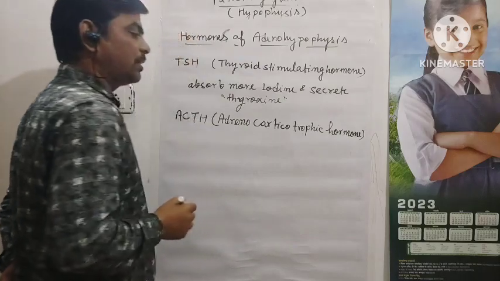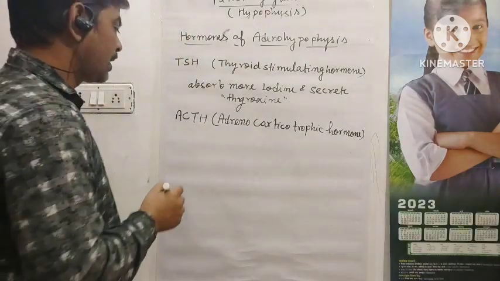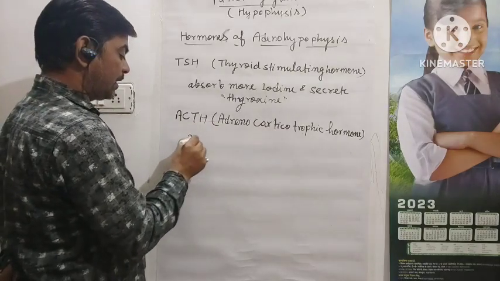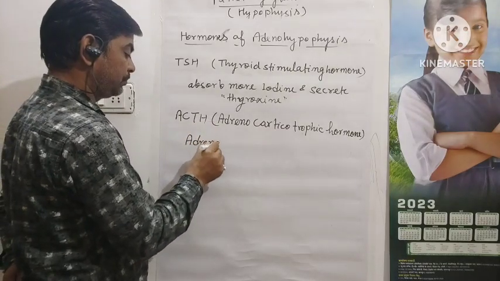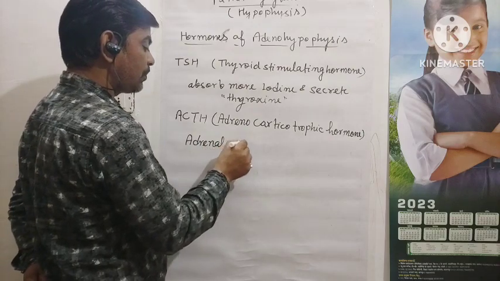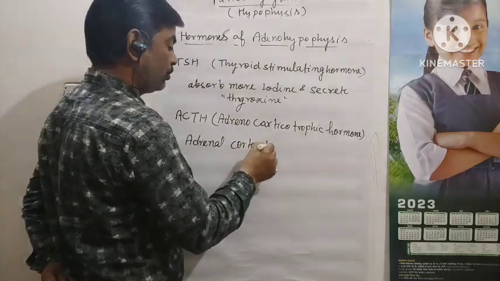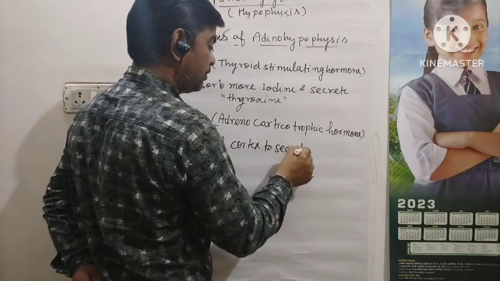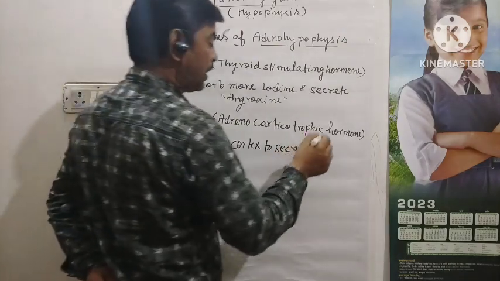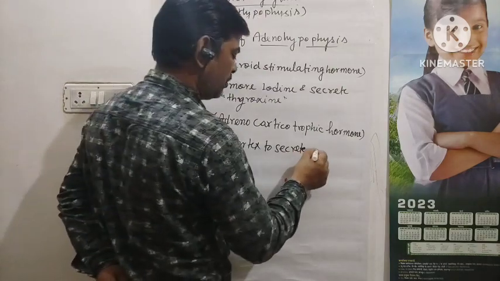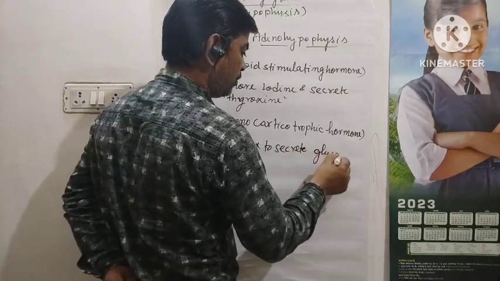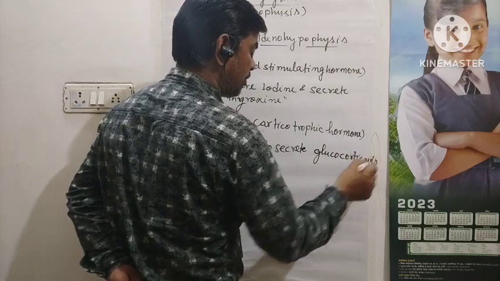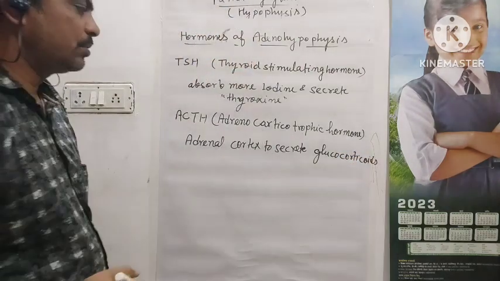This adrenocorticotropic hormone enables the adrenal cortex to secrete corticoids, glucocorticoid hormones, glucocorticoids, that is the steroid hormones.